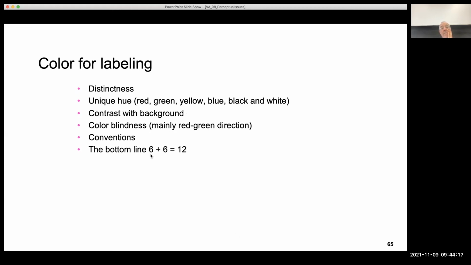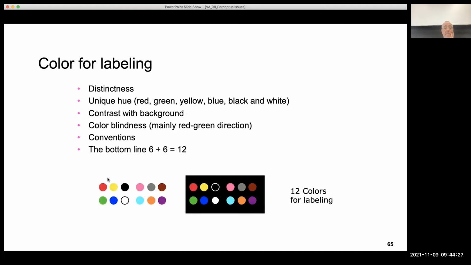Basically, you have 6 primaries plus 6 nice combinations of them that are still easily distinguishable. Here they are. These are the 6 primaries: red, green, yellow, blue, black and white.